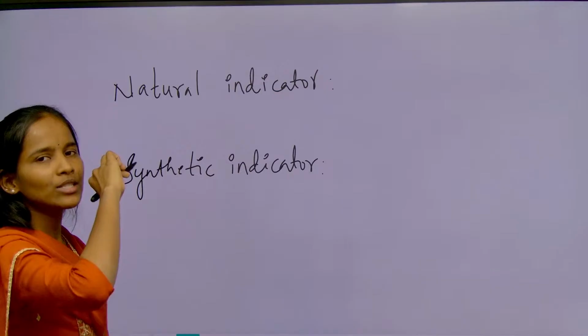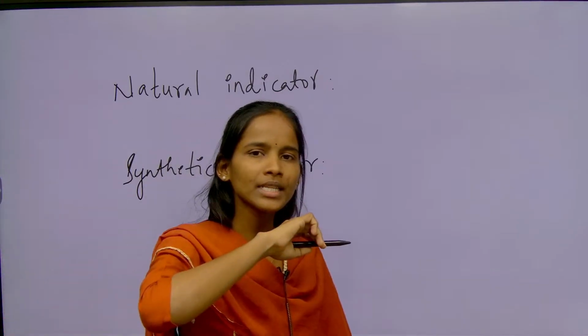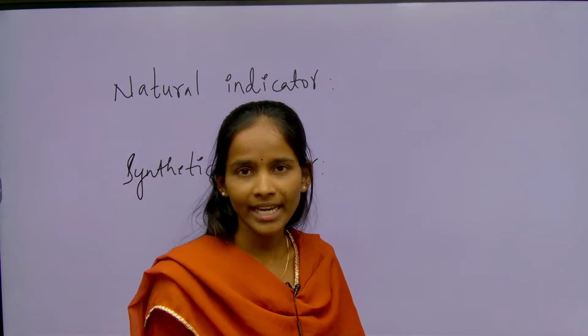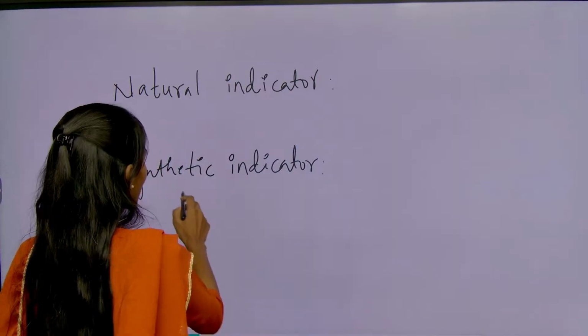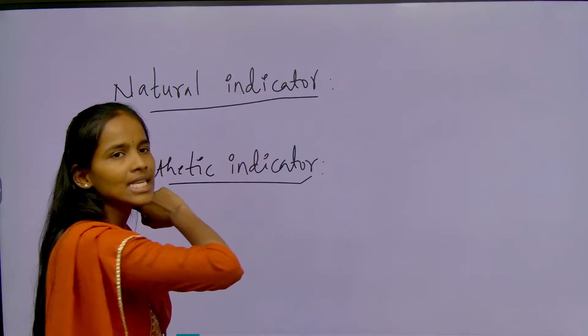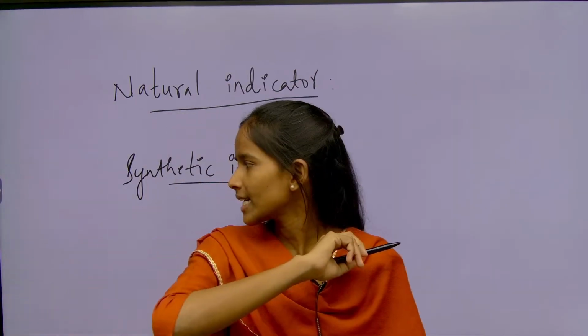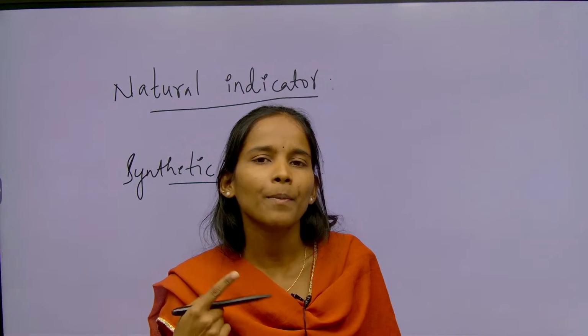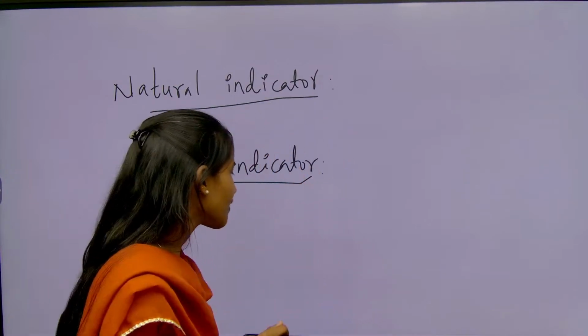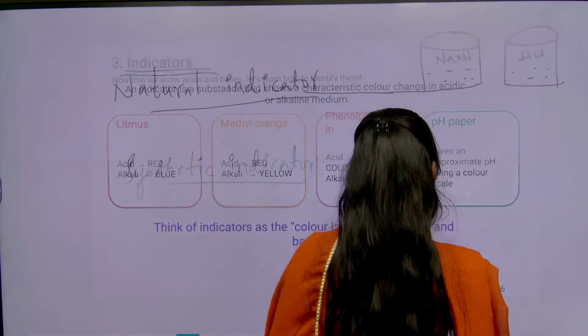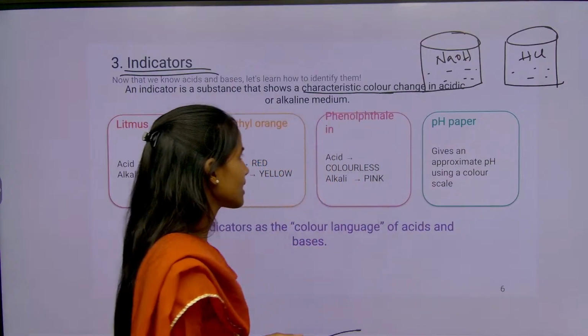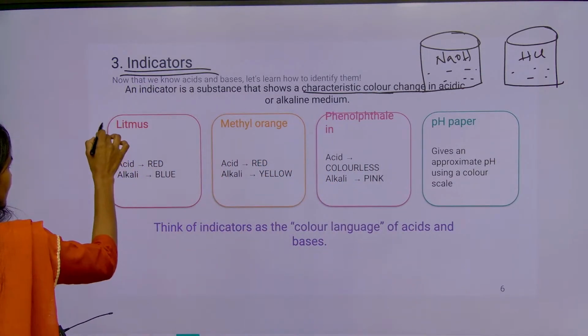Natural indicators are those we get directly from nature, whereas synthetic or artificial indicators are prepared by man. Here we will discuss some natural and artificial indicators. The first one is litmus.